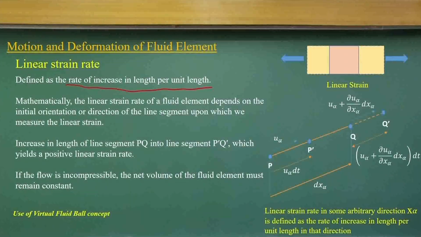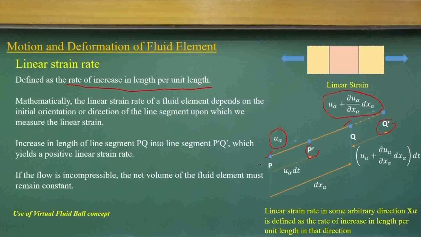Let us say initially you have a fluid element from P to Q. At the point P you have the velocity u, but at Q, based on the Taylor series, you have a different velocity. After a time delta t, the point P will move to P dash and Q will move to Q dash. The distance between these two will be different, and that is the reason there will be a linear strain.